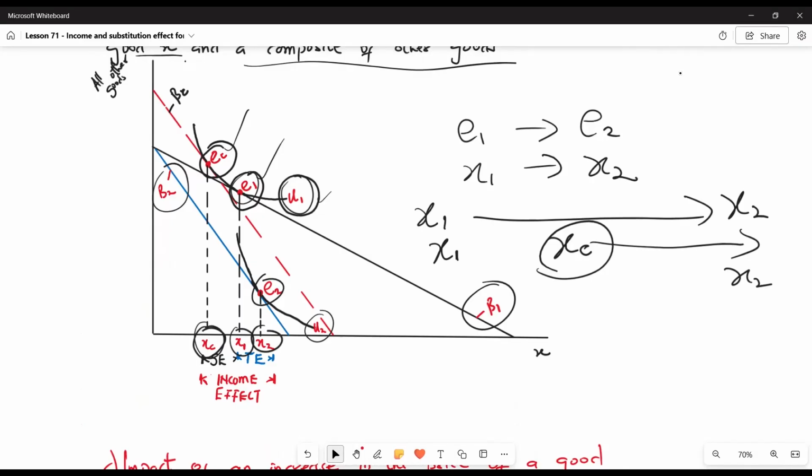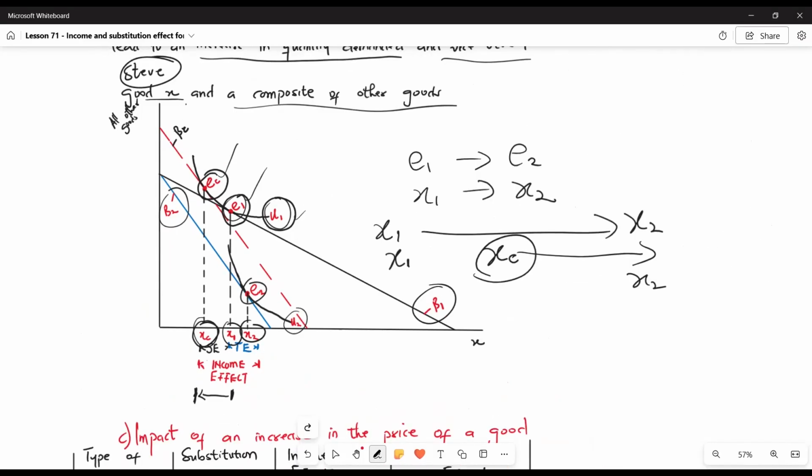So what we can see here is the substitution effect is negative, which means that the increase in the price induces a decrease in the quantity demanded, seen as X1 to XC being a decreased quantity demanded of good X. However, this decrease in demand for good X is overwhelmed by the increase induced by the positive and larger income effect, which is the movement from XC to X2.